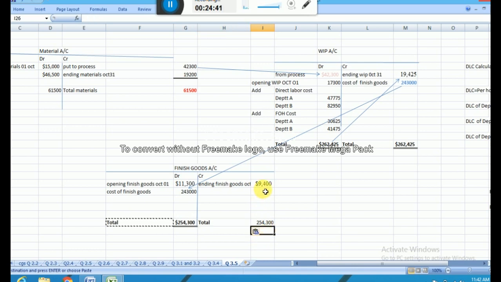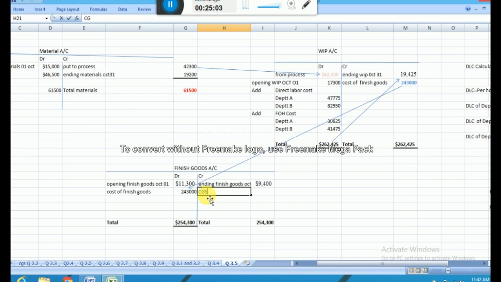But look, this is only 9,400. Total finished goods were 2,54,300, and of this we now have only 9,400. So the rest of the finished goods, what does it mean? It means that we sold them.